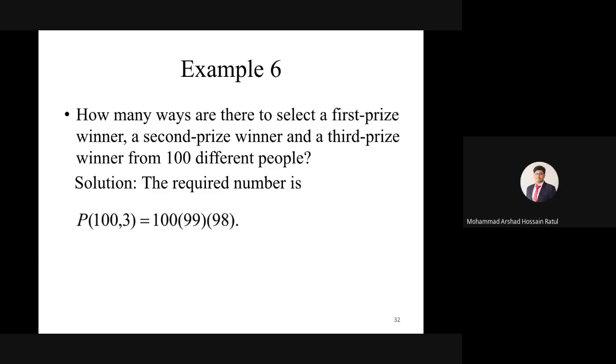Yes, miss. So finally, in total, how many possible ways are there to select the 3 winners? 100C3 multiplied with 3P3. All right? Yes. Because for every one of those choices, you have P33. So for each one, you have to multiply with 100C3.